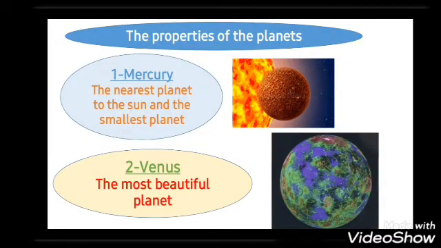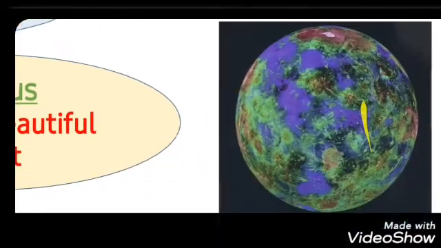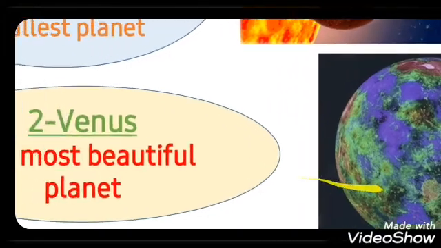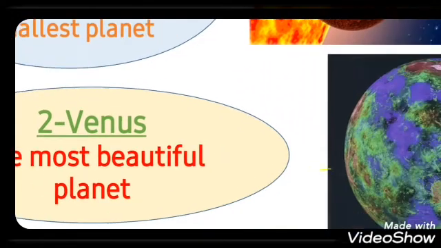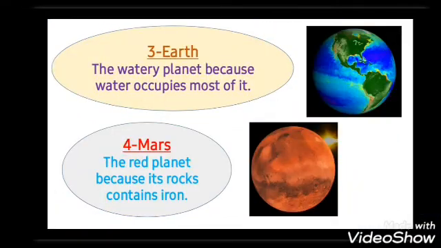Now I will talk about each planet. Number 1, Mercury, is the nearest planet to the sun and the smallest in size. Venus, look at the picture of Venus, is the most beautiful planet. After that, Earth.